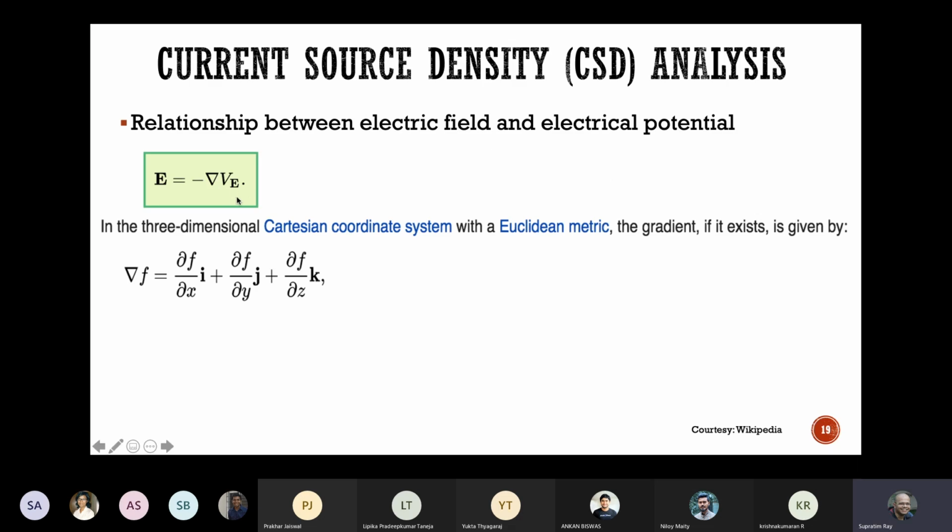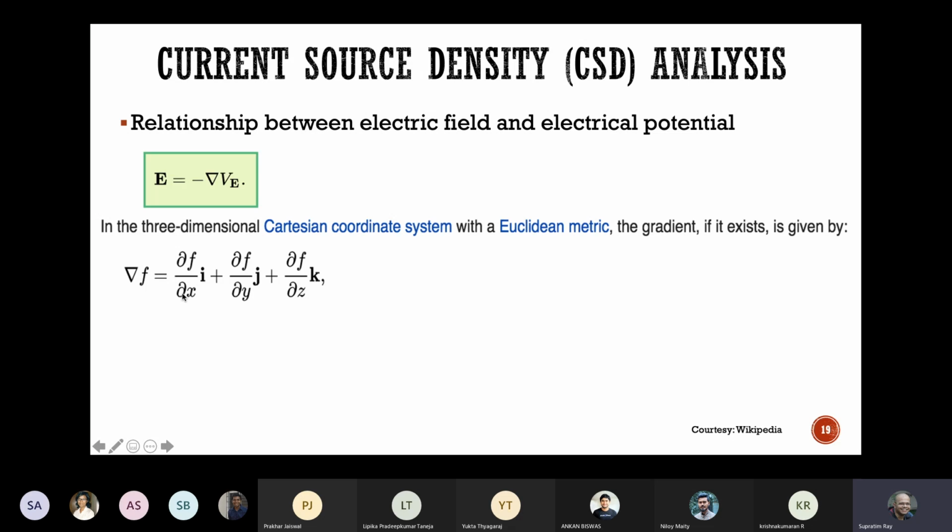From voltage, you can compute the electric field, which is basically just the gradient of the voltage. This operator is called the gradient operator, and it's basically just the derivative of the voltage as a function of x, multiplied by the i vector.